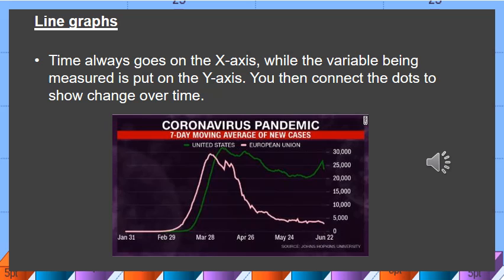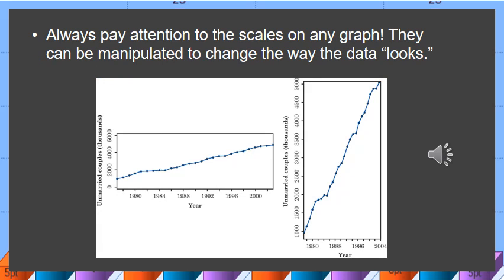Be careful when you see a line graph or when you create a line graph, because they can be easily manipulated. Sometimes people who express data in line graphs have a precise agenda, so they will manipulate the axis in order to make their data look different.